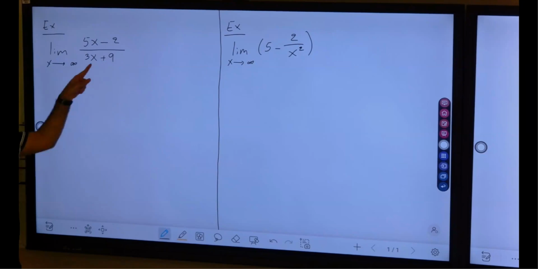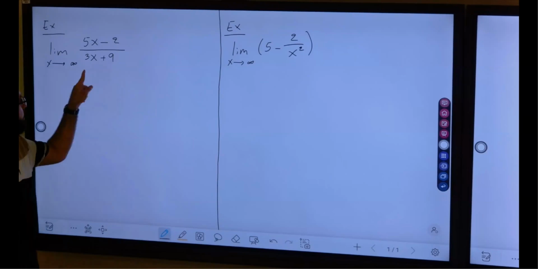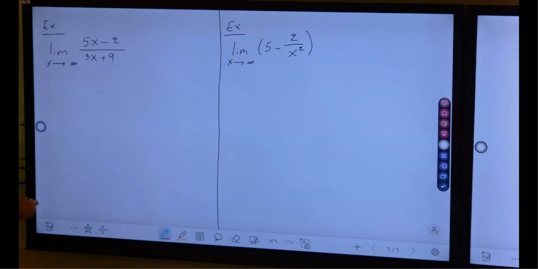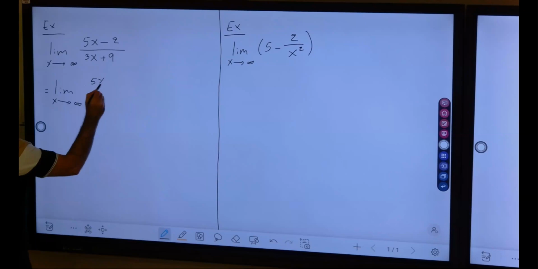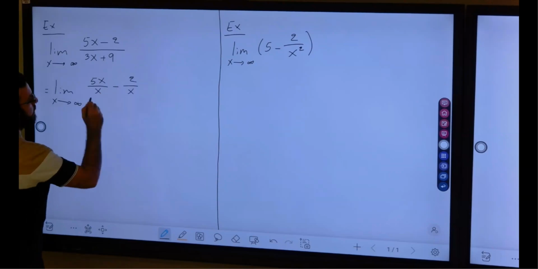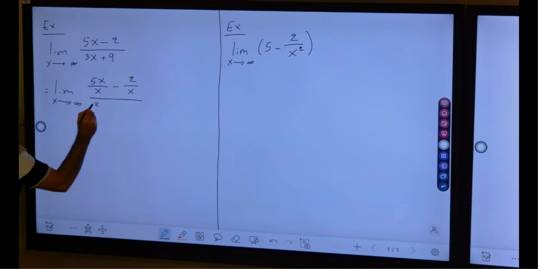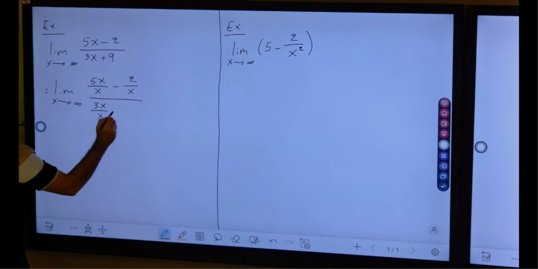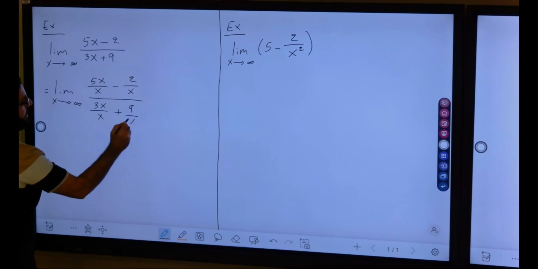So I'm going to divide the whole thing by x, because the problem is always going to be on the denominator. So this is going to be the limit when x approaches infinity of 5x divided by x minus 2 divided by x, and on the bottom, 3x divided by x plus 9 divided by x.